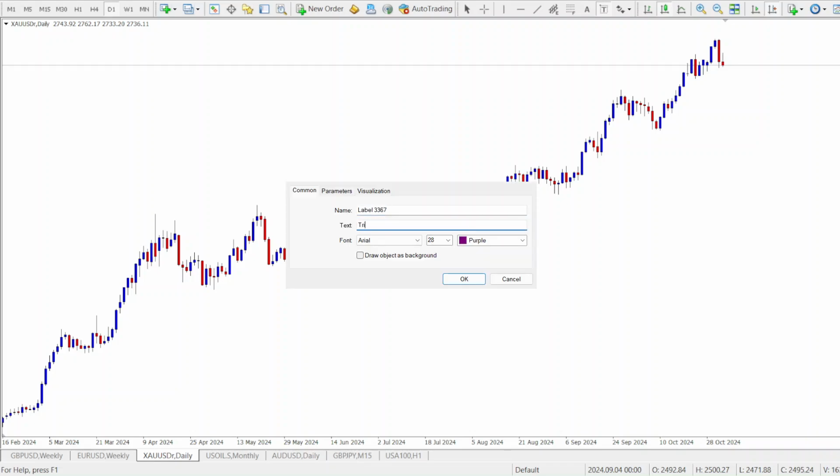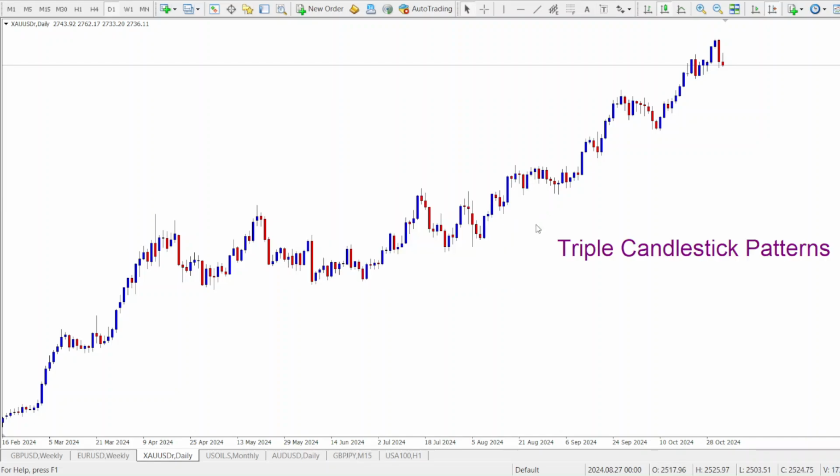We are specifically looking at triple candlestick patterns. So when these patterns form on your chart, they can indicate shifts in momentum. We're just going to be going briefly into a couple of them, including the morning star, the evening star, the three white soldiers, etc.